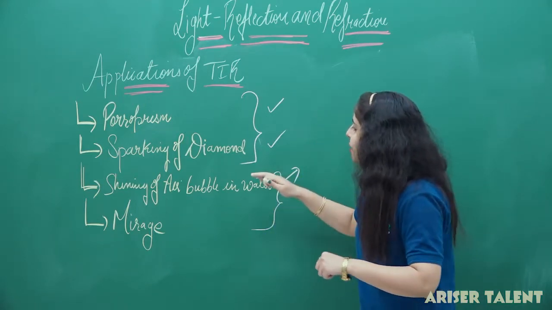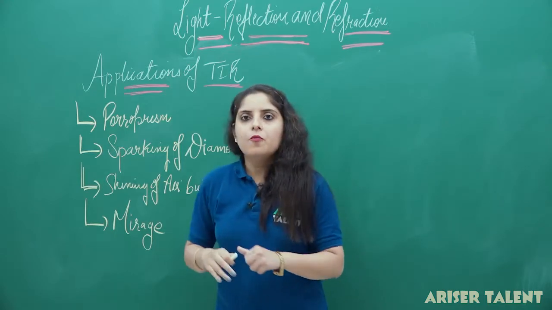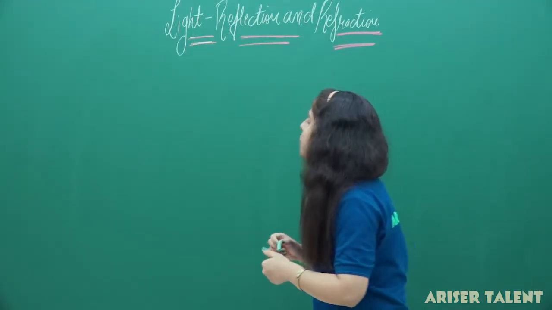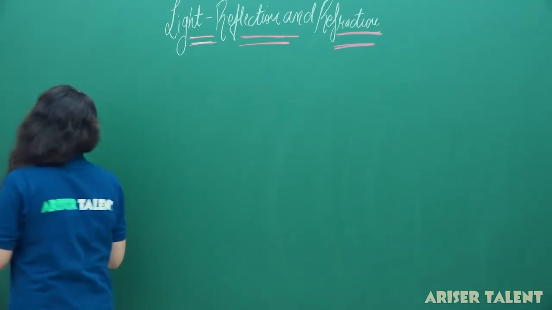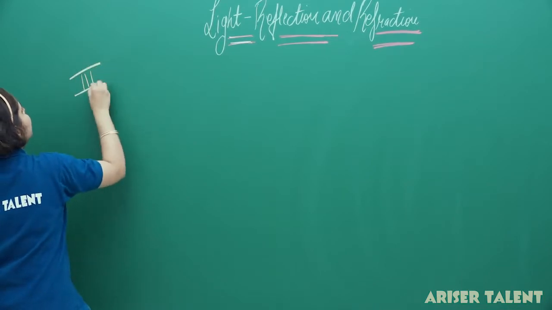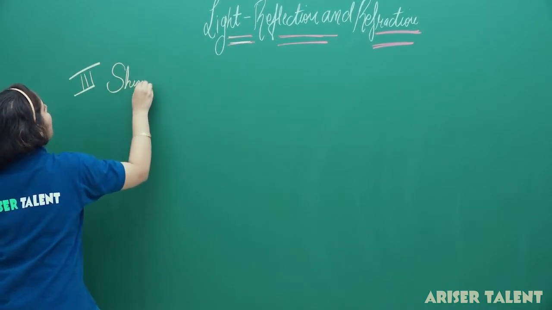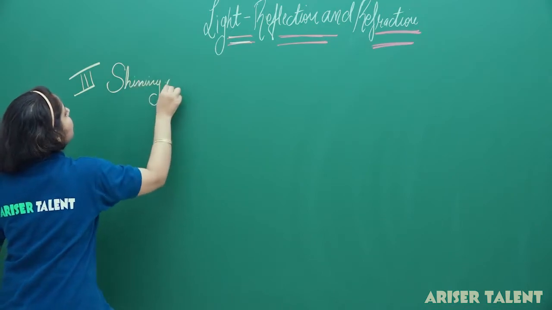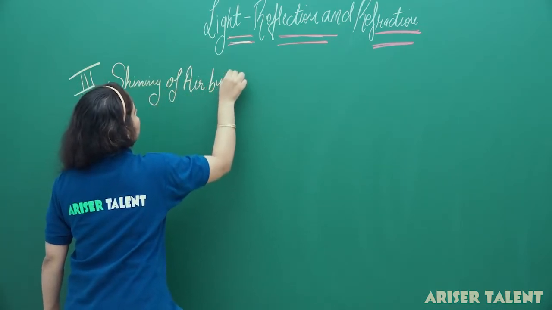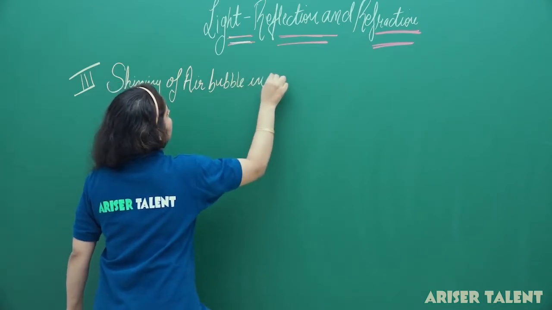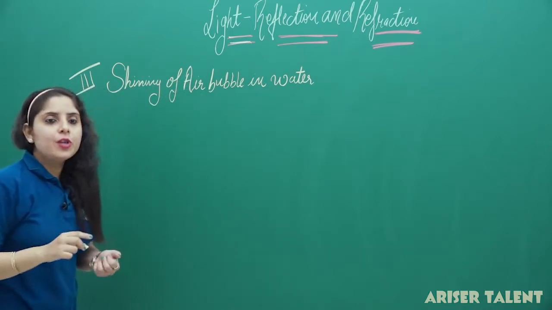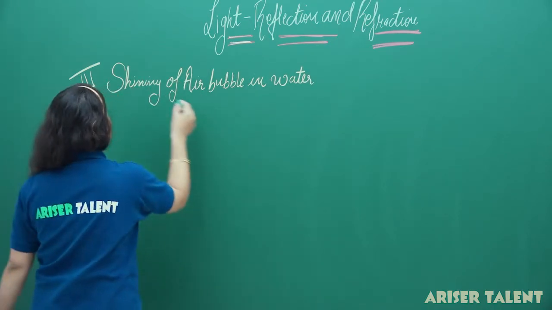So let's start with the shining of air bubble in the water. Now after diamond and porro prism, let's see how the shining of air bubble in water takes place. This concept works on total internal reflection.